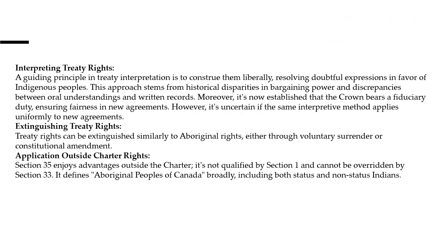So how do we interpret? How do we understand whatever is mentioned in the treaty? We give liberal interpretation to the treaty and resolve doubtful expressions in favor of indigenous people. Whenever something is confusing and the court is not able to take a decision in favor of one party, then doubtful expressions always lead to favoring indigenous people.